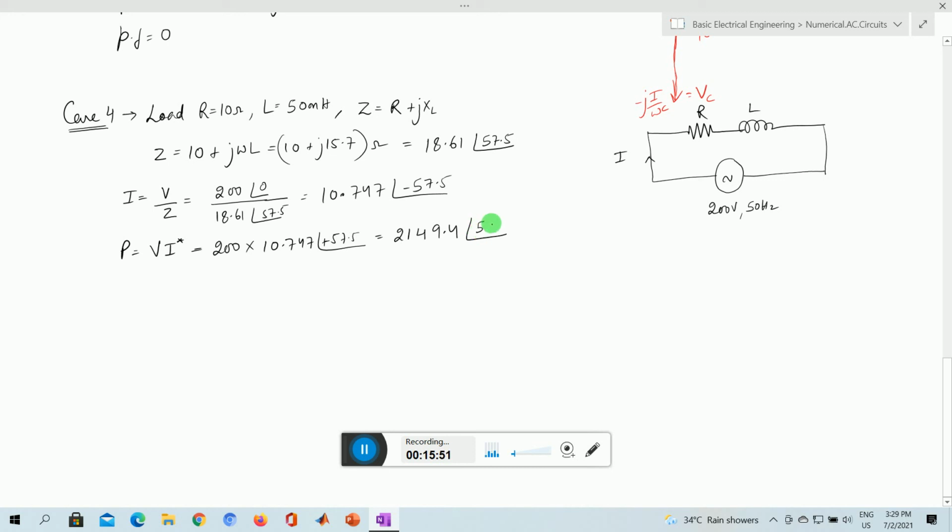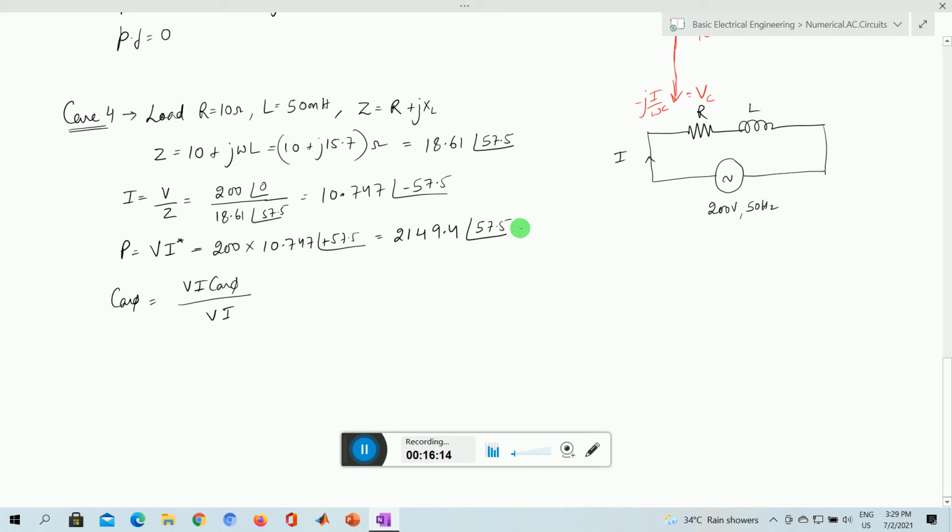So the active power is the cos component of it. Cos of phi is the active power, VI cos phi, divided by VI.